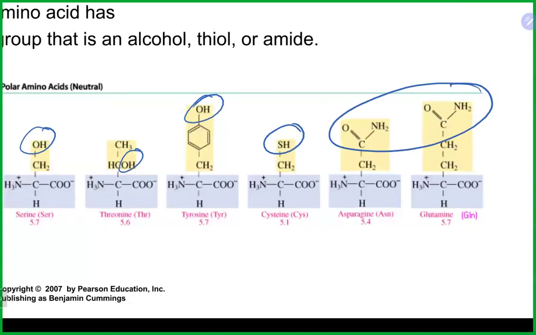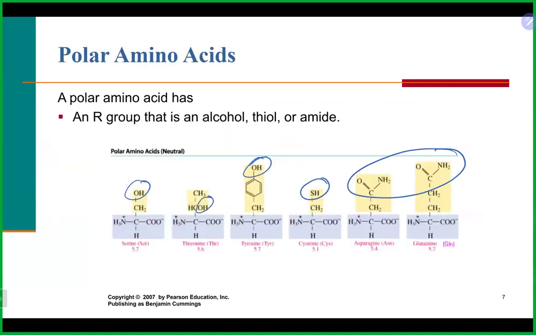So that is our amide, our carbon oxygen double bond with the amine at the end of it there. And again, these are really just the same functional groups we saw in organic chemistry. So anything with an alcohol group on it, a thiol group, or an amide will go into our polar amino acid category along the way.